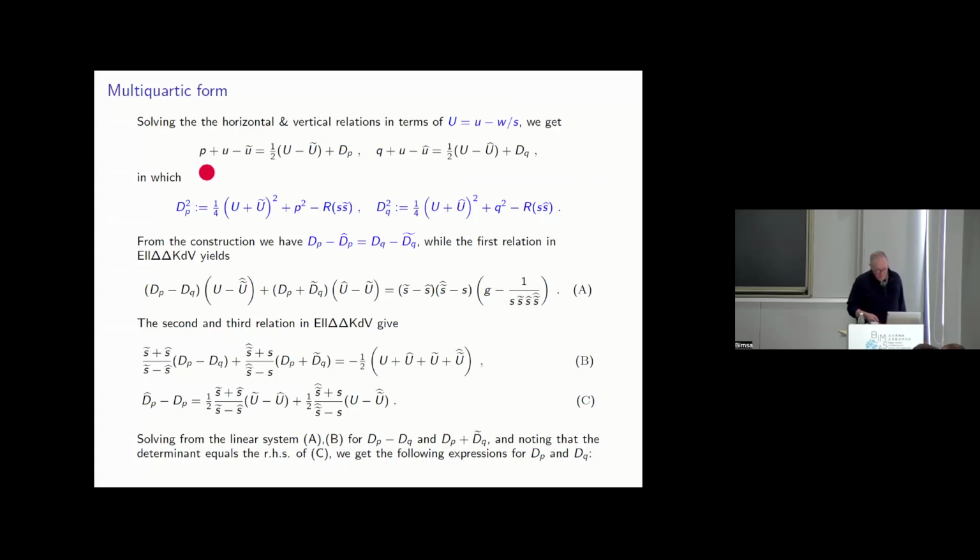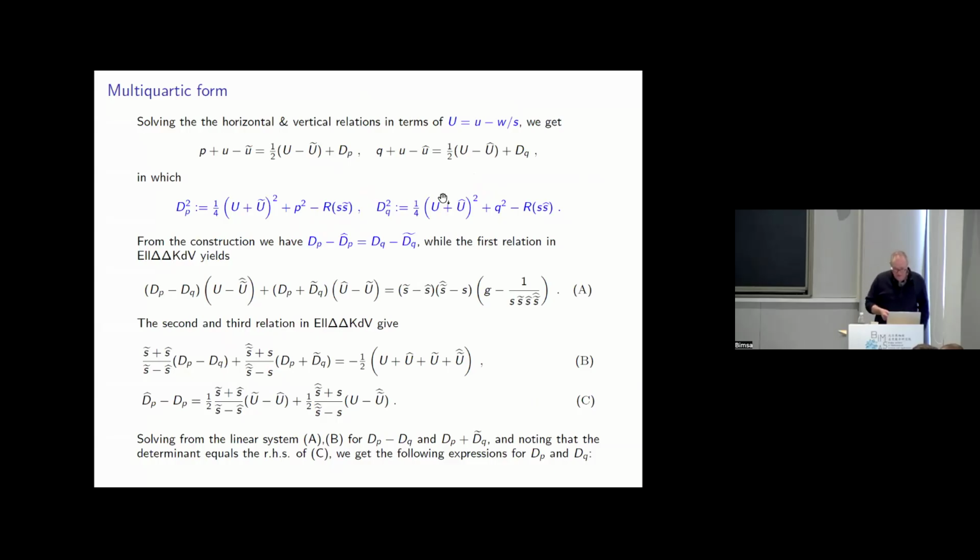From the horizontal and vertical relations, which are the last equations, you can rewrite them in terms of this quantity u minus w over s, which I mentioned before, and you get a quadratic in terms of this combination p plus u minus u tilde and q plus u minus u hat, and from this quadratic you can solve them in terms of these expressions, where the dp and dq are the discriminants of that quadratic form. So they take this particular shape, and here is where this curve quantity appears.